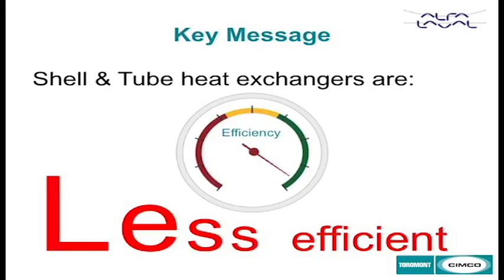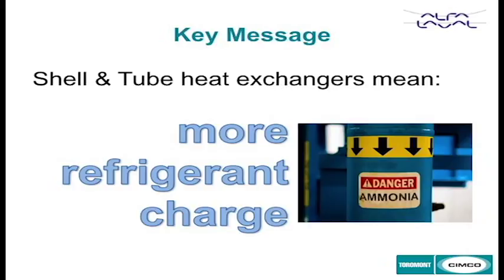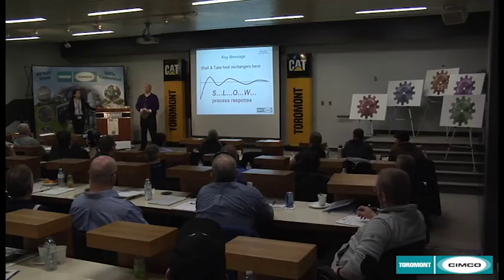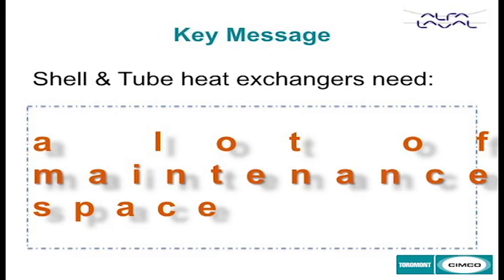Shell and tube heat exchangers are less efficient. Shell and tube heat exchangers mean more refrigerant charge. Shell and tube heat exchangers have a slower response time, a process response time. And shell and tube heat exchangers need a lot more maintenance space.